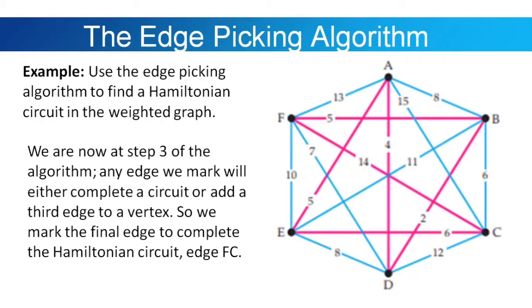Any edge we mark will either complete a circuit or add a third edge to a vertex. So we mark the final edge to complete the Hamiltonian circuit, edge FC.